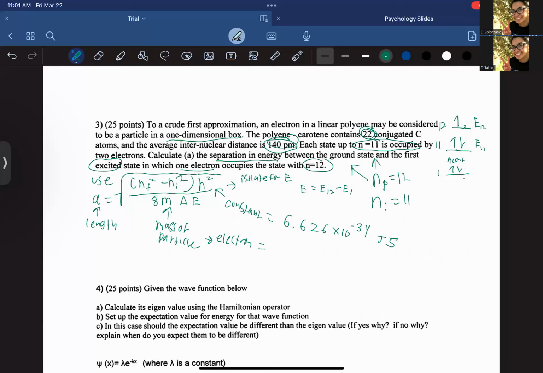And the mass of an electron, 9.1 times 10 to the negative 31 kilograms.